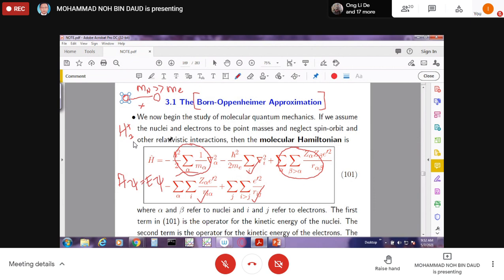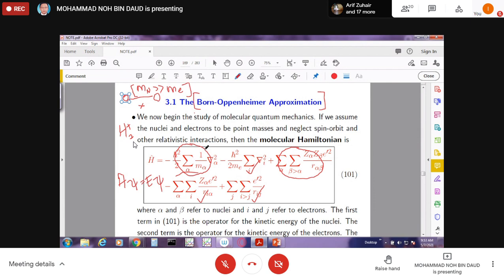So the Born-Oppenheimer approximation is based on the assumption that the mass of the nucleus is much larger than that of the electron. We can ignore this in our initial calculations.